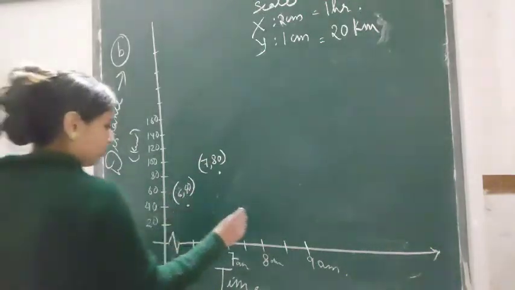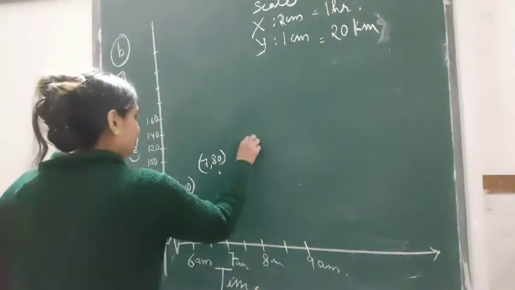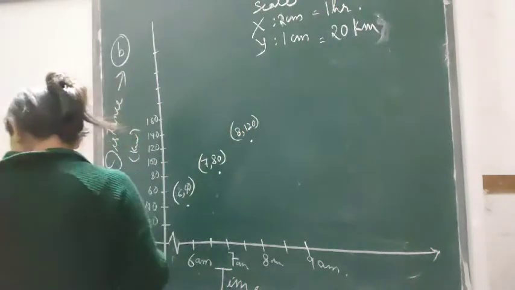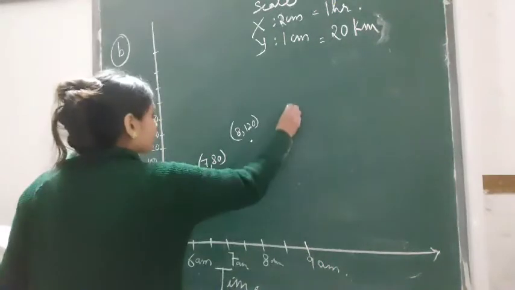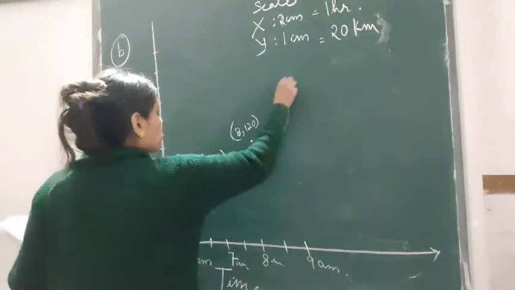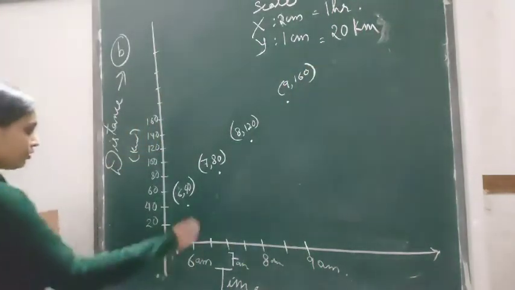At 8 am, the car covered 120 kilometers. At 9 am, the car covered 160 kilometers. Okay, so we draw the line.